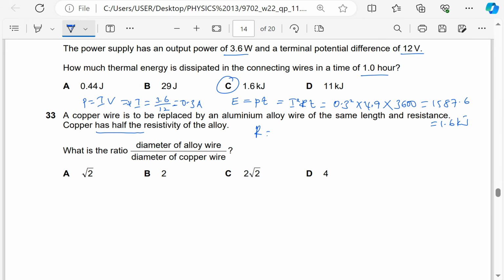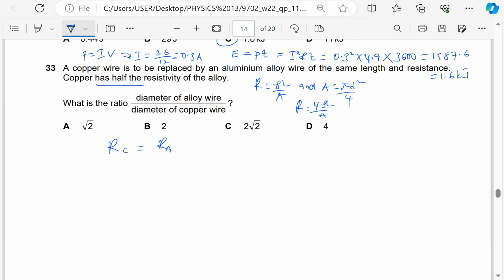So remember, resistance is equal to rho L over cross-sectional area, and also remember that the area is pi d squared divided by 4, which means our resistance R is going to be equal to, the 4 goes up, 4 rho L over pi d squared. They said same length, same resistance. So I'll equate equations for resistance. The resistance of copper is the same as the resistance of the alloy. So for copper, I would say 4.